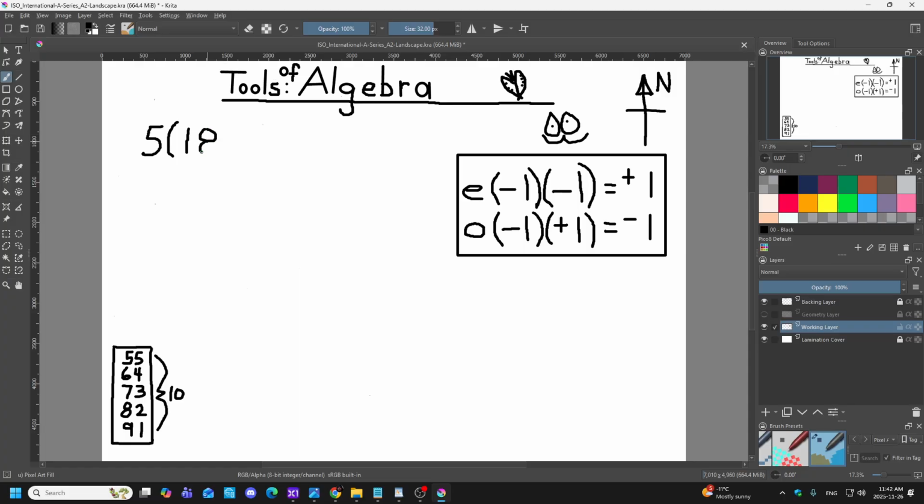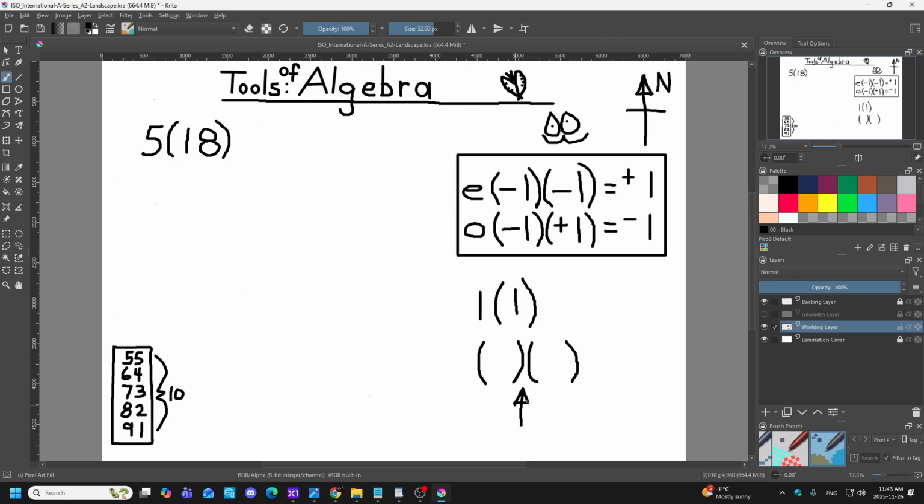Anytime you see a whole number in front of parentheses, automatically tell yourself, I'm multiplying here, because that's what this is.